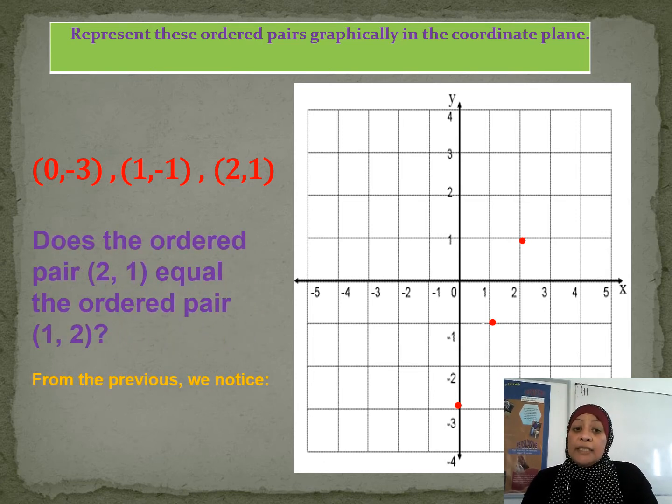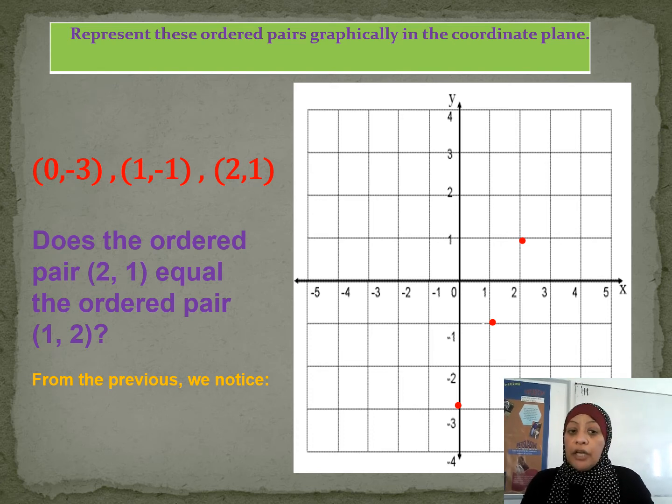Does the ordered pair 2 and 1 equal the ordered pair 1 and 2? Where is the ordered pair 2 and 1? Here is the position of the ordered pair 2 and 1. If I say ordered pair 1 and 2, it means I exchange the places of the numbers. Are the ordered pairs equal or not?